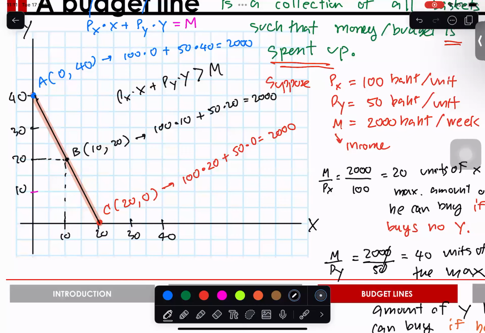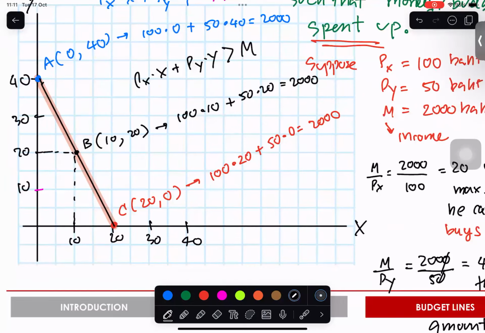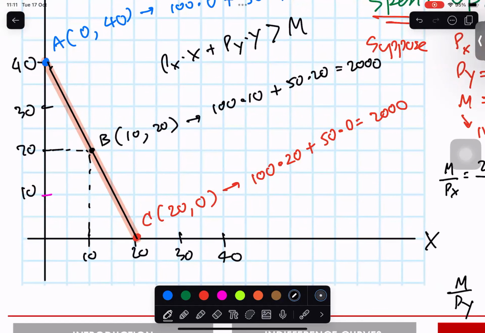Outside the frontier, unaffordable baskets. On the frontier, affordable? Yes. Money left or not? No. How about inside the frontier? Affordable? Yes. Spending less than 2,000? Also yes. So baskets in this triangle, excluding this line: affordable? Yes. Money left? Also yes.